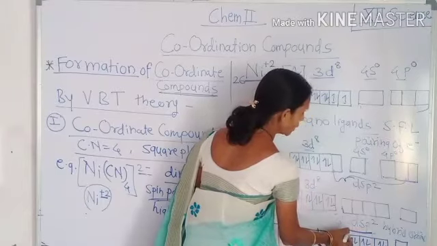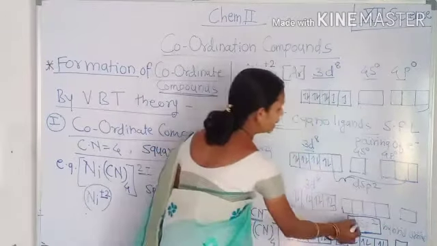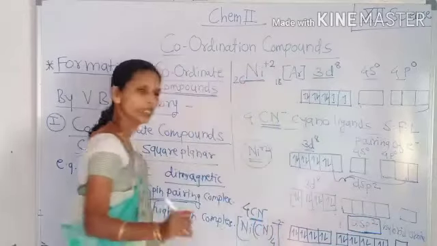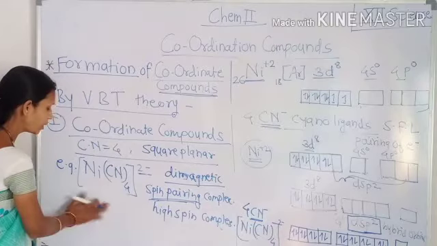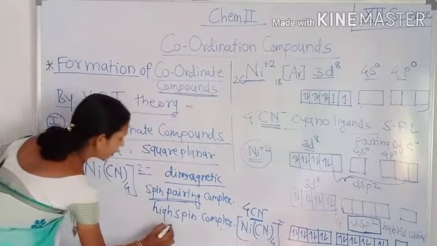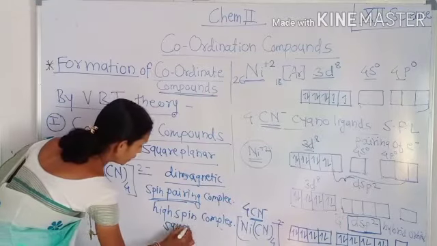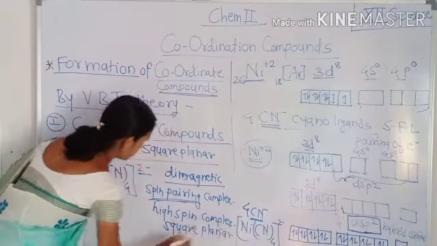And see here, the hybridization that takes place in Ni2+ of this complex is dsp2. Therefore, here the geometry of this complex is square planar.